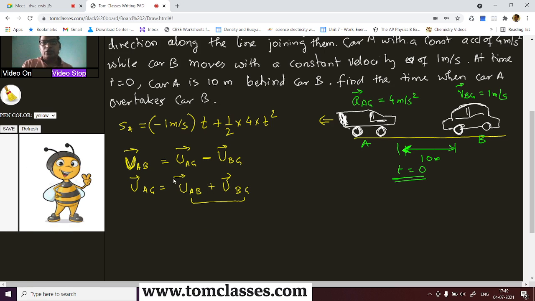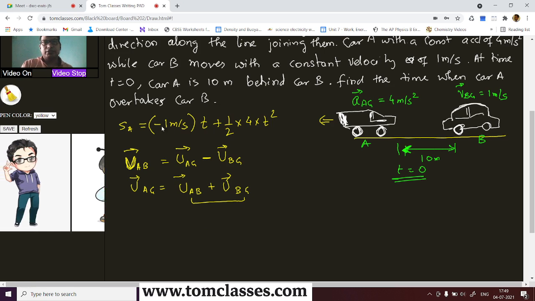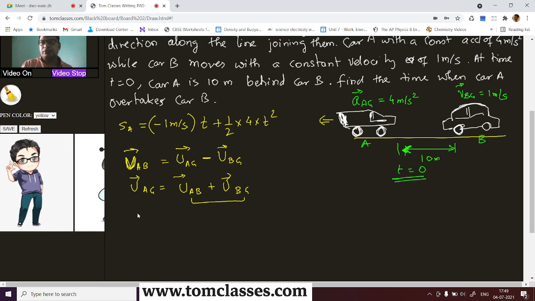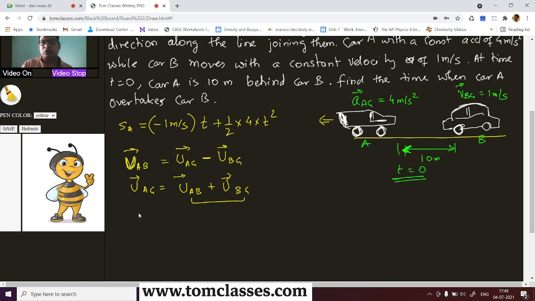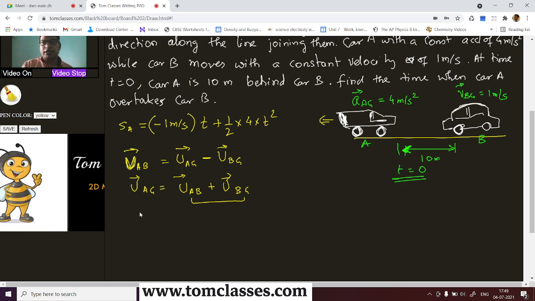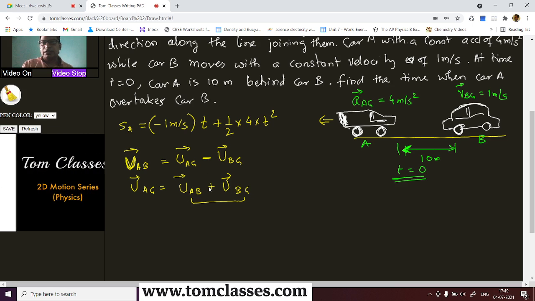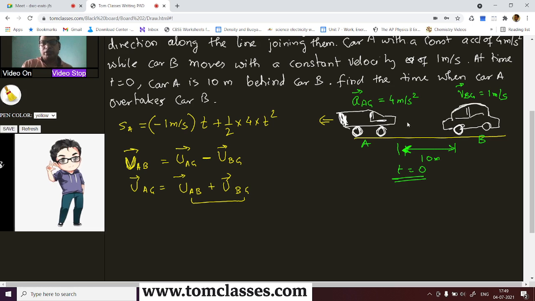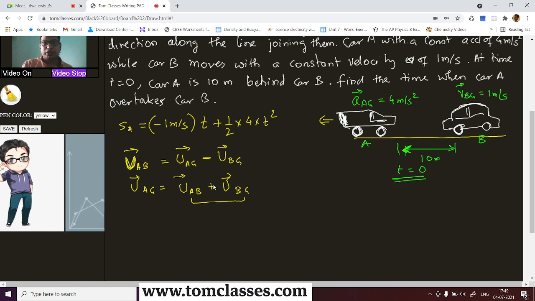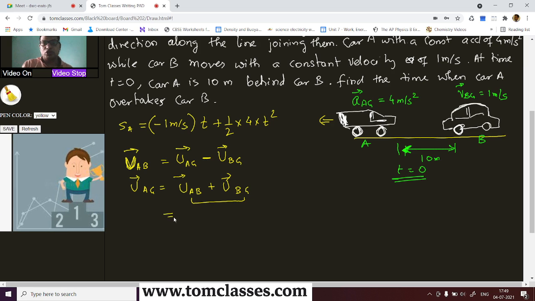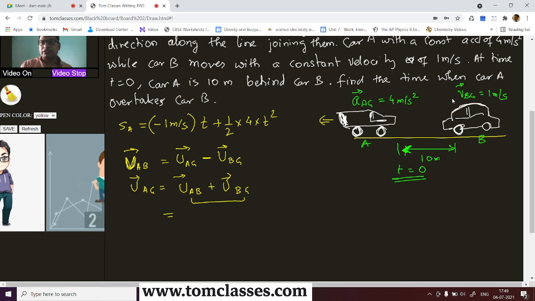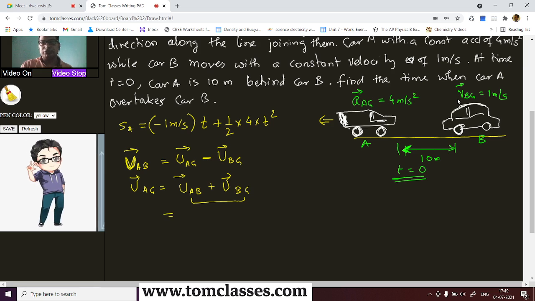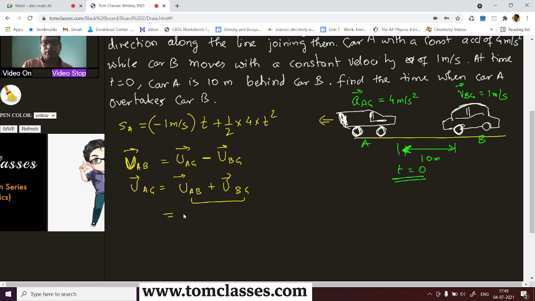So here what I am going to see is that this is the velocity of A with respect to ground, 1 meter, and this is A with respect to B. So that time is 0. Now this is moving this way, so this is going to be the opposite direction of that.